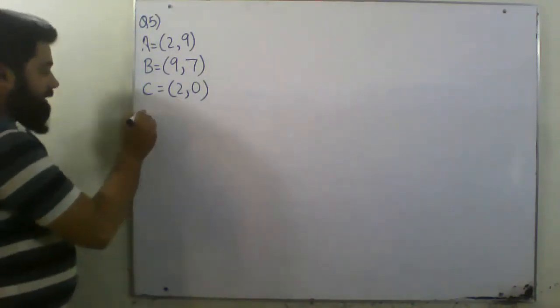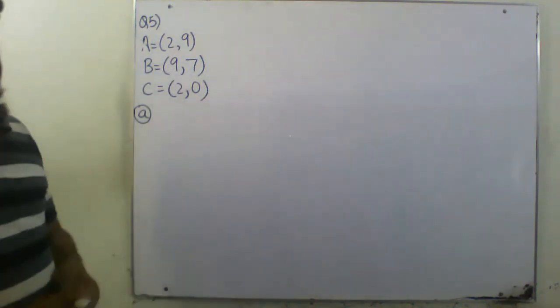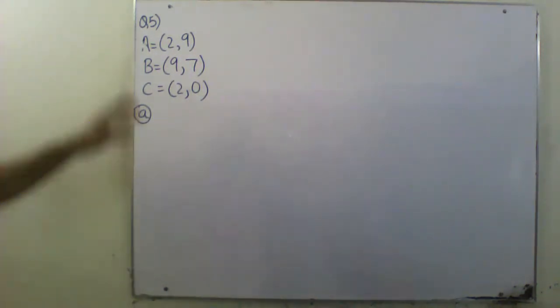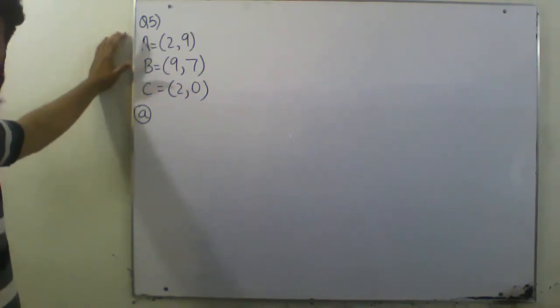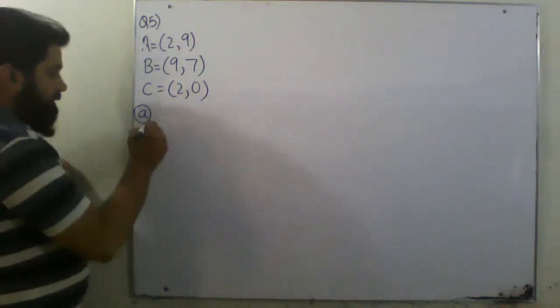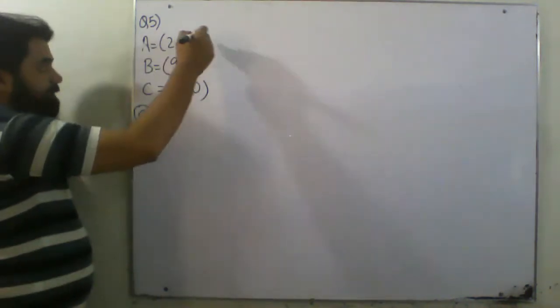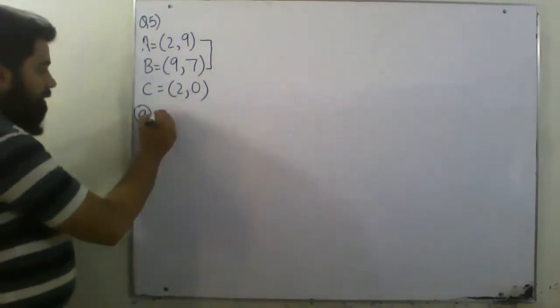Now in part A they are saying find the equation of the perpendicular bisector of AB. So first thing, when I have to find the equation of the perpendicular bisector between these two, what will I do?